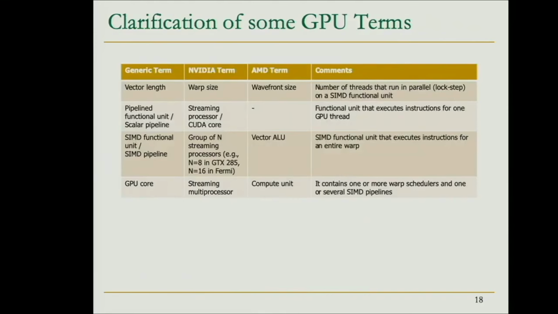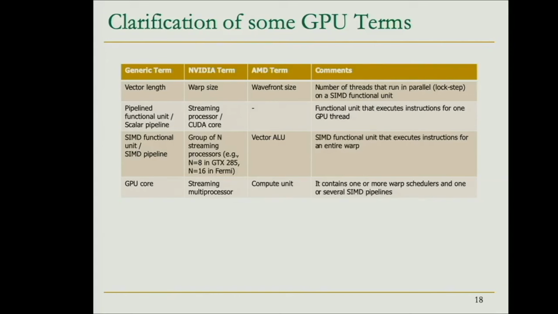This slide, very quickly, just for you to have it as a reference, because as you can see, I'm actually mixing a lot of terminology here, right? I'm talking about the NVIDIA terminology. I could also talk about AMD terminology, and then we have the generic terminology, which is what we would really need to use, but it's also good that you are familiar with the terminology of the different vendors. And yeah, this is for your reference.